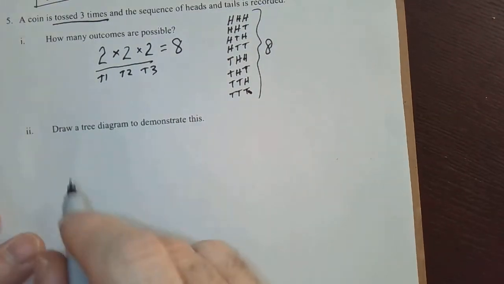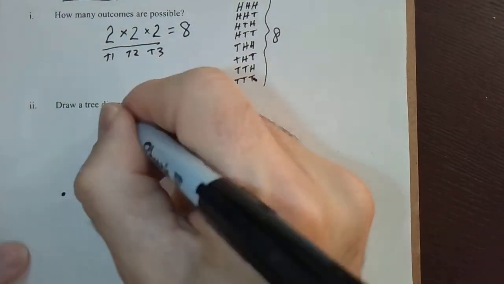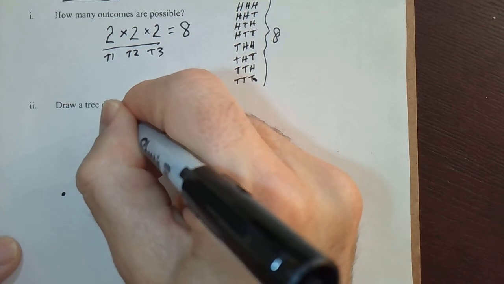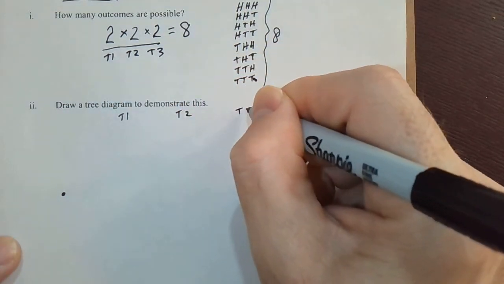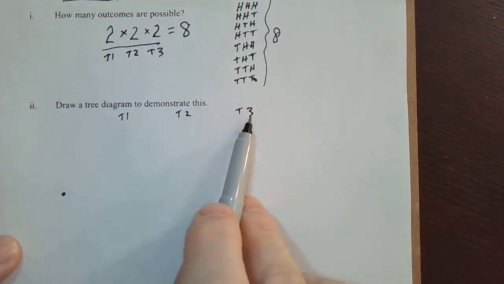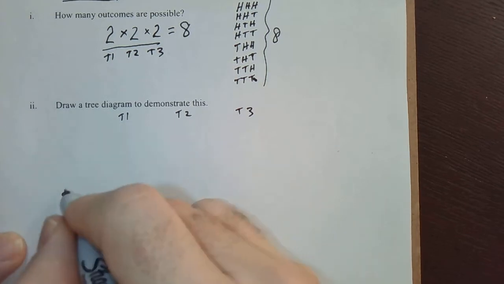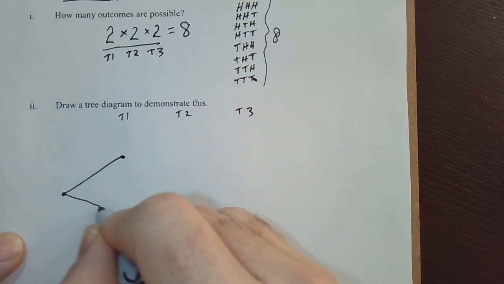Drawing the tree diagram, you always start in one state. Now let's look at task number 1, task number 2, task number 3. That represents flipping a coin the first time, second time, and the third time. So we have exactly 2 possibilities.